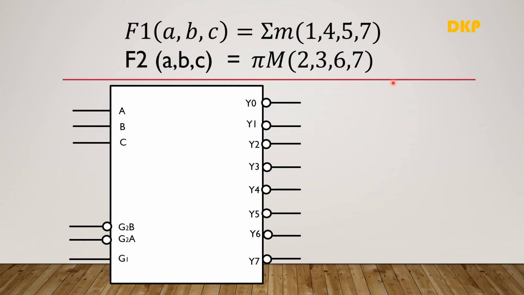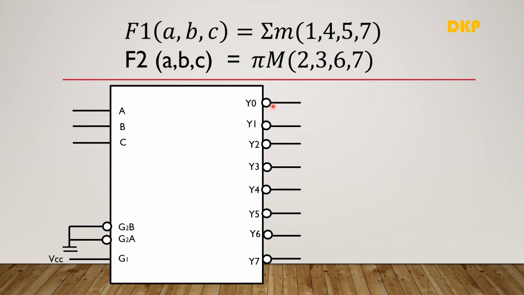That's why it is called a 3:8 decoder, 3 inputs and 8 outputs. So the first step is G1 is connected to VCC and G2B and G2A are grounded. So this is the first thing that you have to do.